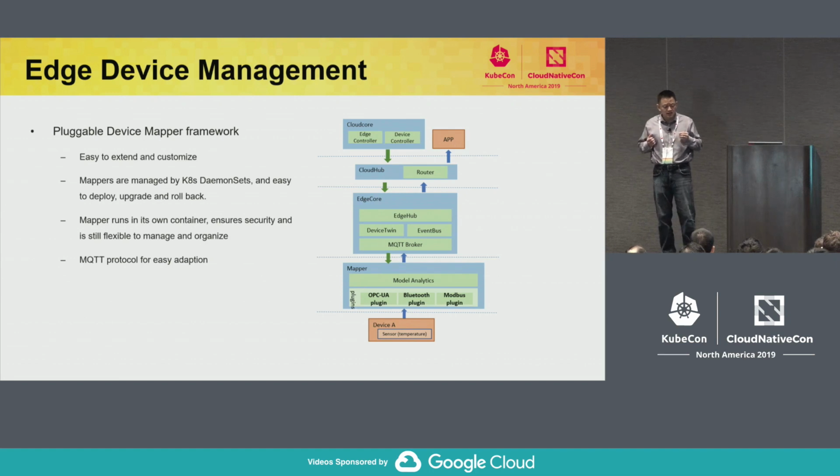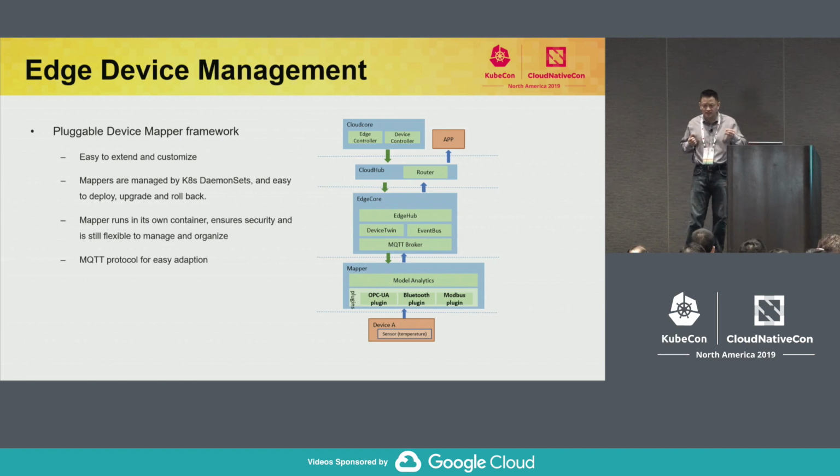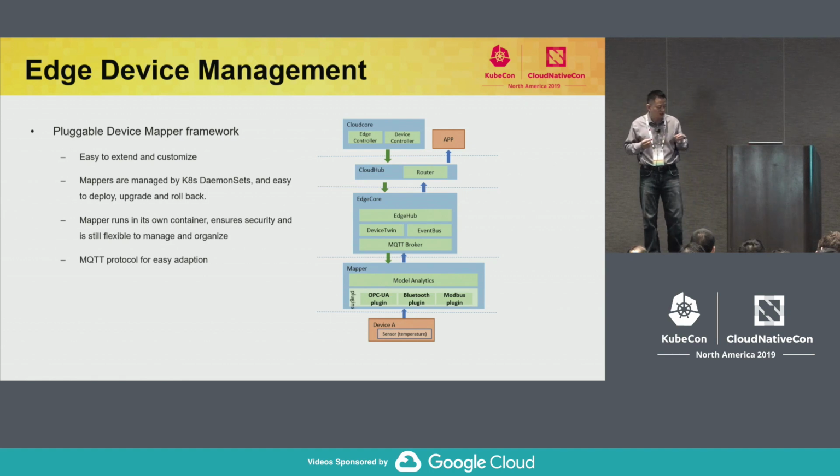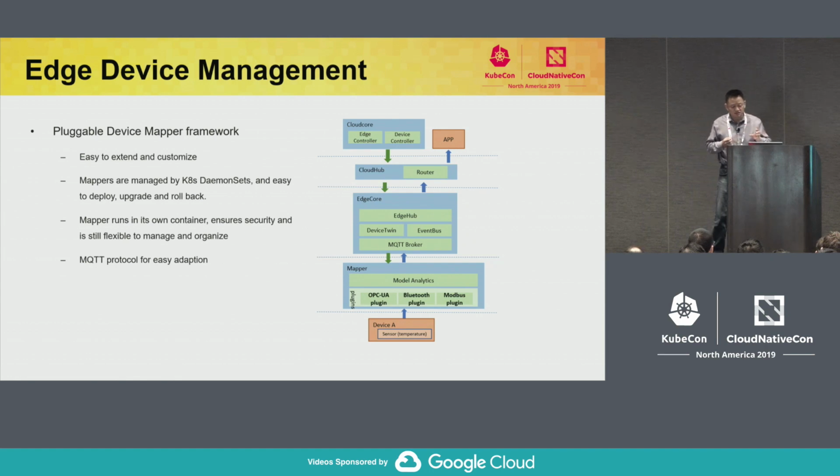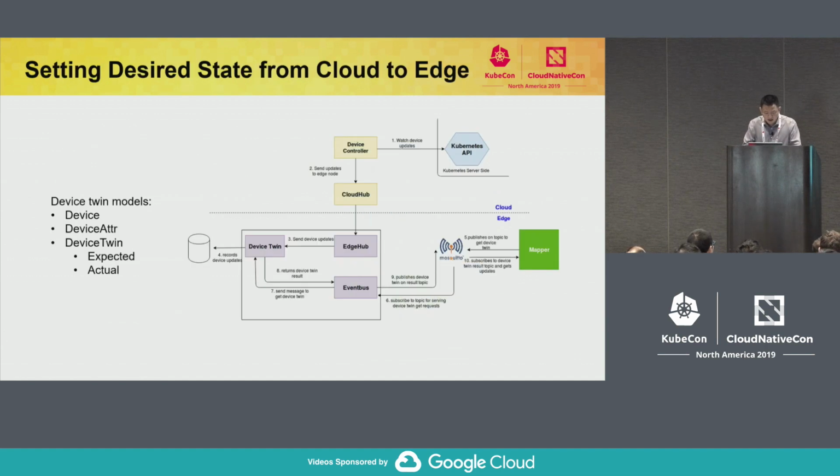Because Edge itself is already outside of data centers, and then this device connect plugin becomes another layer of security exposure, so these separate secured containers eventually will be providing good security to all these safety attack scenarios.